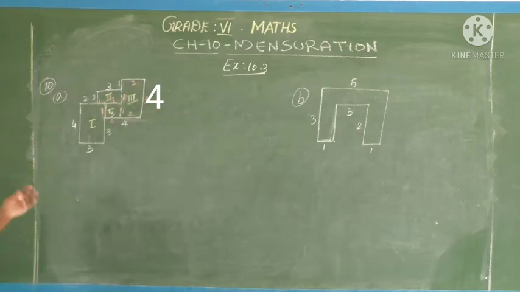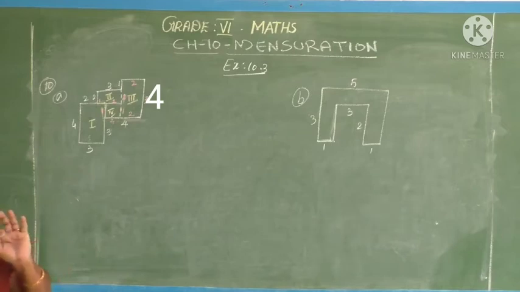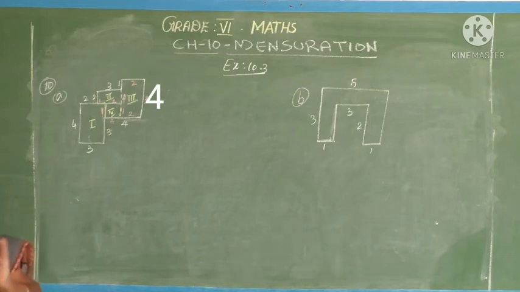Now we have to find the area of each rectangle. Area of rectangle is L into B. First we have to divide the figure into rectangles, then find the areas of each rectangle.